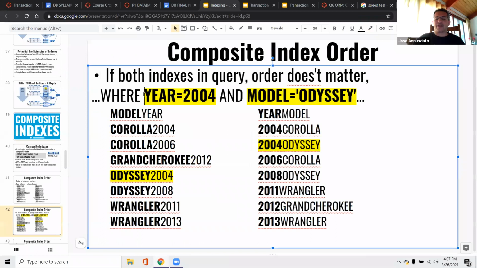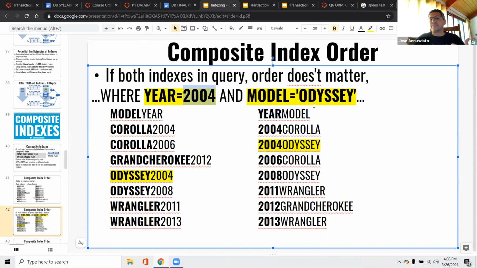So I was saying, let me go back a little bit. Composite indices: if your query is using both fields, both fields that were used to create the index, then it doesn't really matter which order you chose, whether model year or year model, because the database is going to remember how you created the keys, and it will do the right thing.